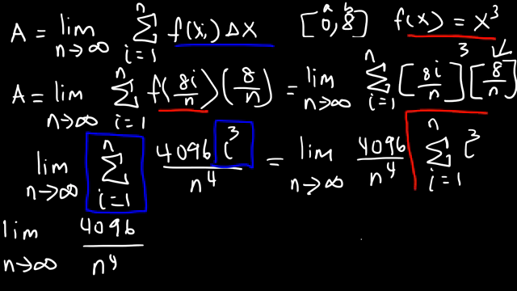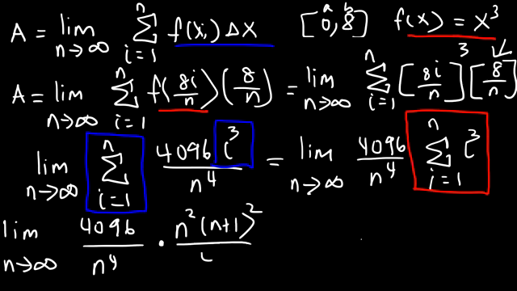The summation formula that corresponds to this, that is i to the third, going from i equal 1 to n, it's n squared times n plus 1 squared divided by 4.